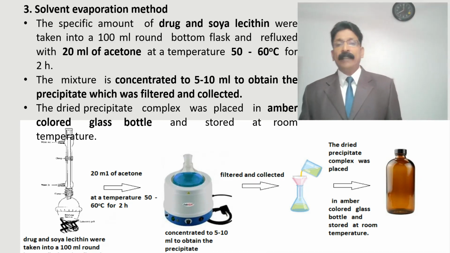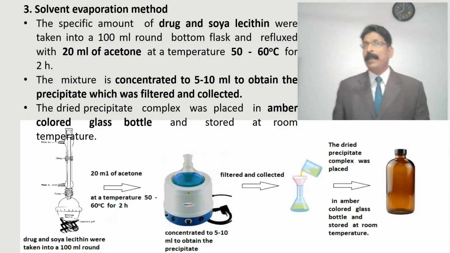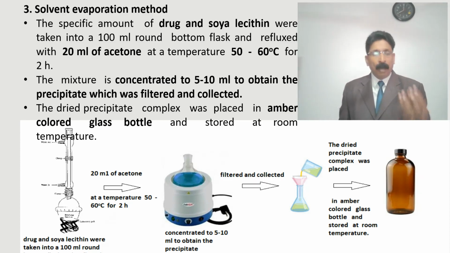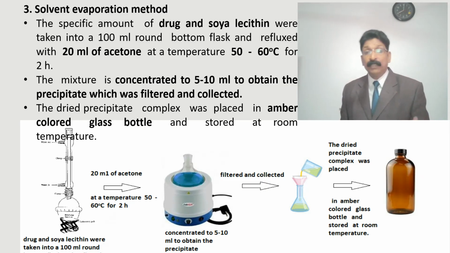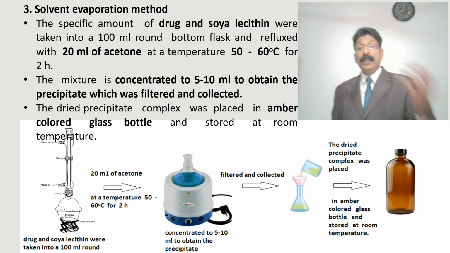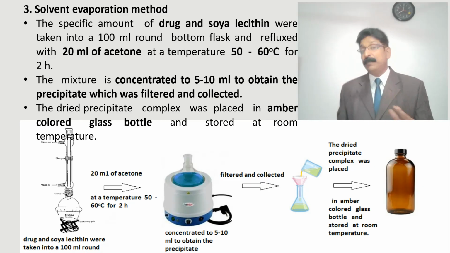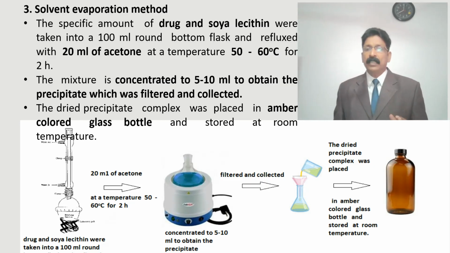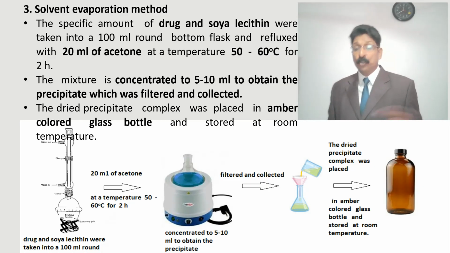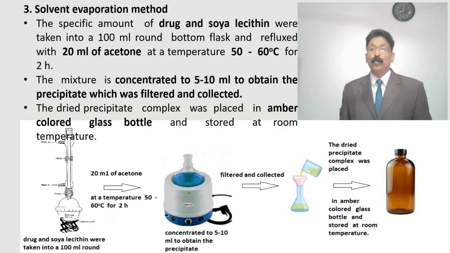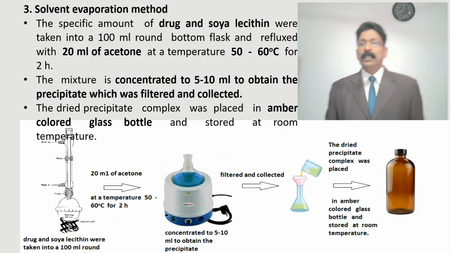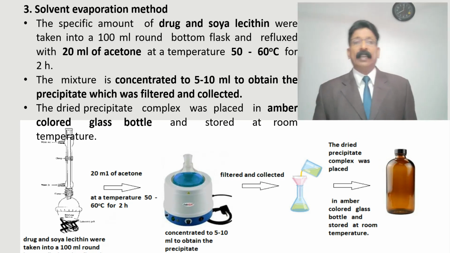Then you concentrate it to 5 to 10 ml, reducing the quantity, and obtain the precipitate. This precipitate is again filtered and collected, and the dried precipitate complex was placed in an amber colored bottle as shown in the picture, to shelter it from direct light because of light sensitivity.